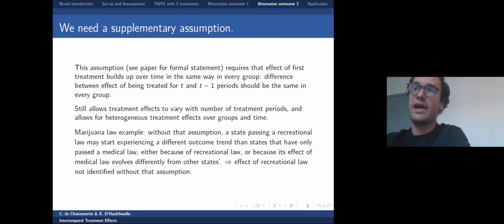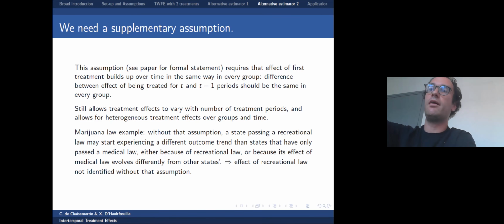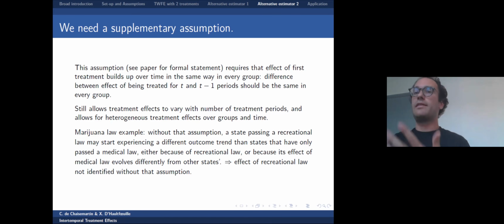The incremental effect of going from T-1 to T periods of the first treatment should be the same in every group. This still allows the treatment effects to vary with the number of treatment periods, and this still allows for heterogeneous treatment effects, but that's still a strong assumption.